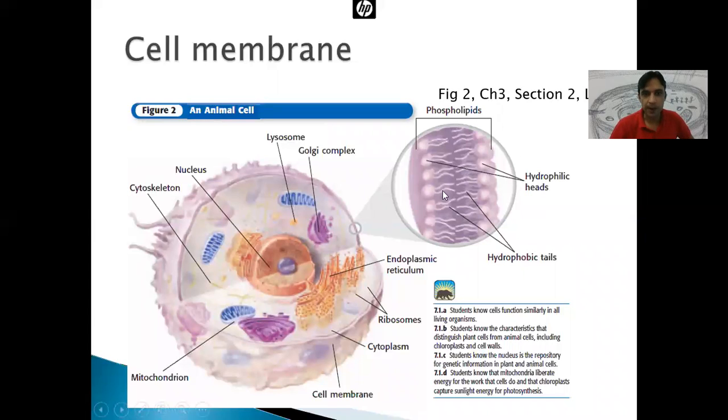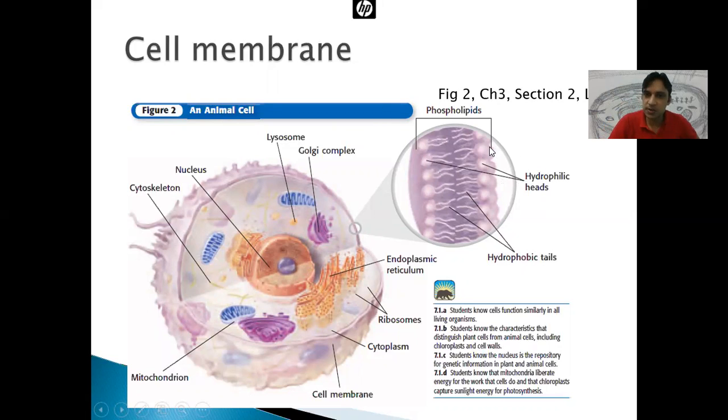And this lipid bilayer membrane is present everywhere within the cell, wherever you hear the term membrane.